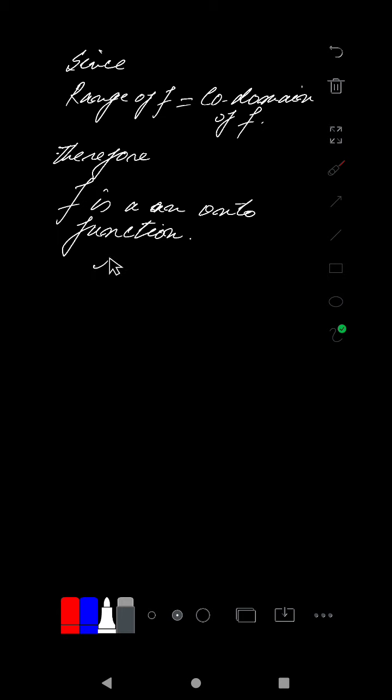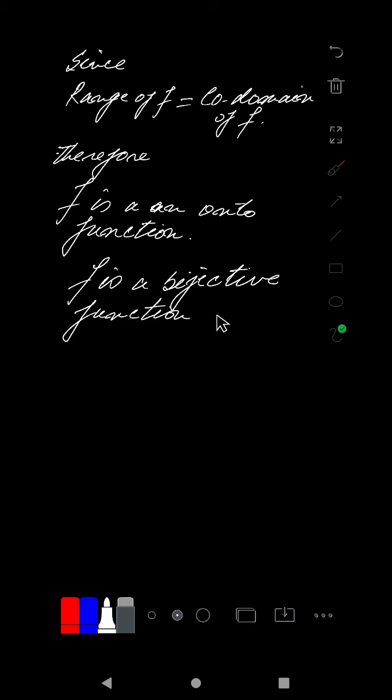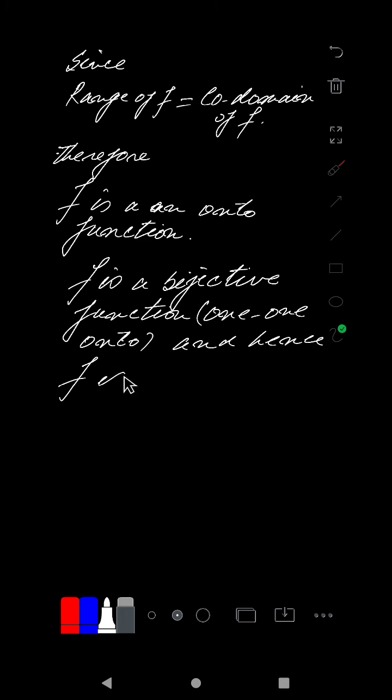So f is a bijective function, that is one-one onto function, and hence f is invertible. So this is the way to check invertibility of a function. Now how to find the inverse of a function?